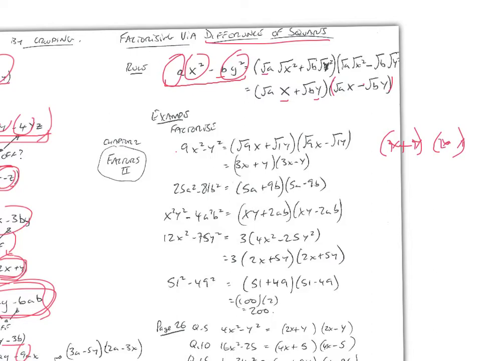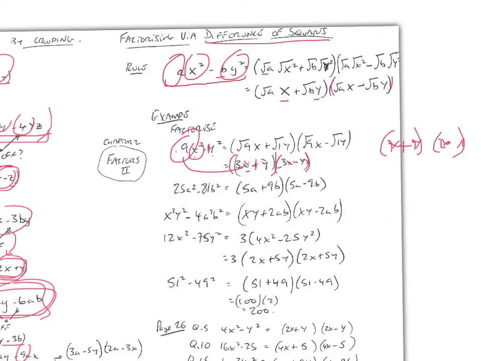So we'll have two sets of factors, plus and minus, always be an x, because there's an x and a y, and then the numerical value coefficient of the x is the square root of this, which is 3, and the numerical value coefficient of the y is the square root of here, which is 1, which is just 1.